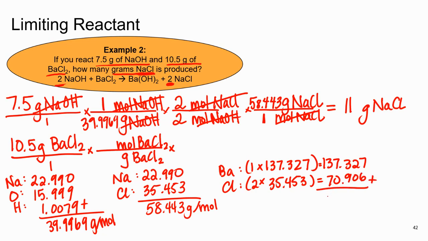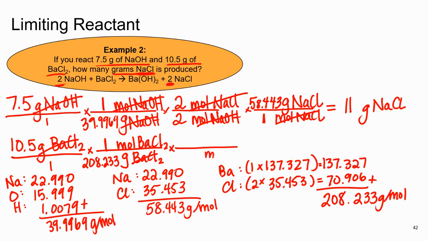We'll add these up for a molar mass of 208.233 grams every 1 mole. So we'll put our 208 in the denominator here with grams, or in every 1 mole.